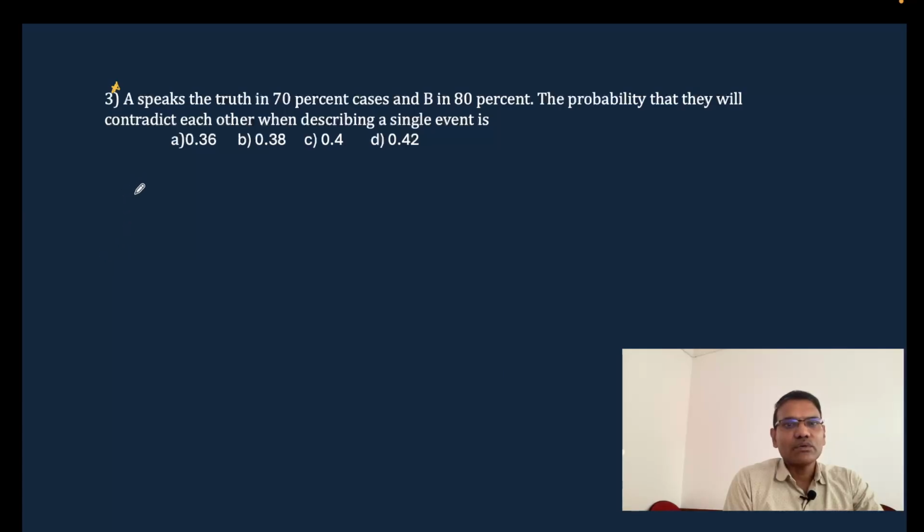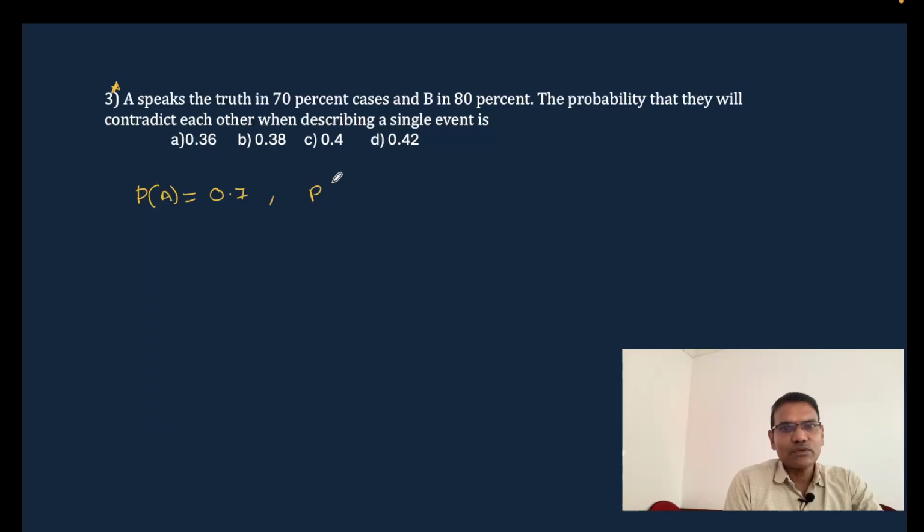A speaks the truth in 70% of cases and B in 80%. The probability that they will contradict each other when describing a single event. Maximum probability, we all know, is 1. I take the probability of A speaking the truth as 0.7, 70% as 0.7.